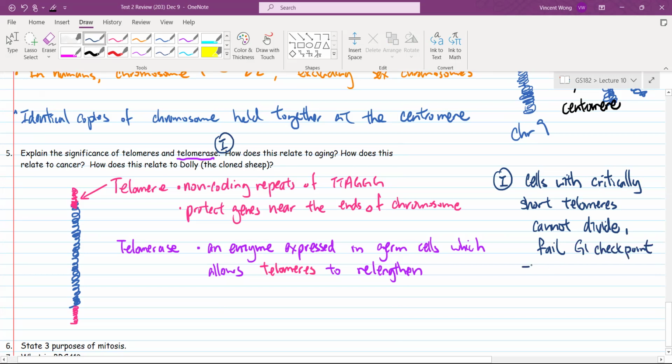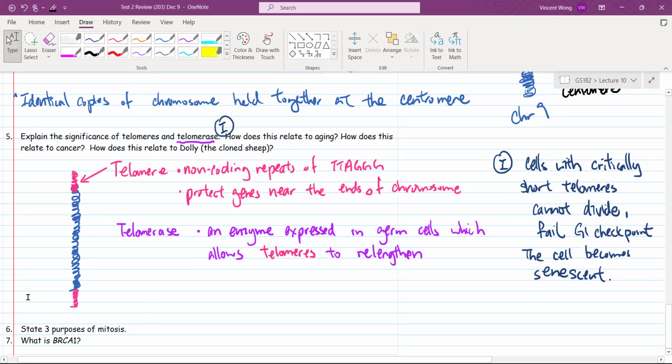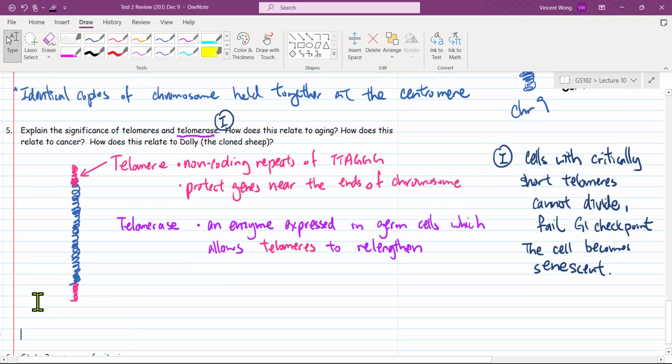The cell becomes senescent. Right? So if your body has a pool of senescent cells, more senescent cells, it contributes to overall aging.